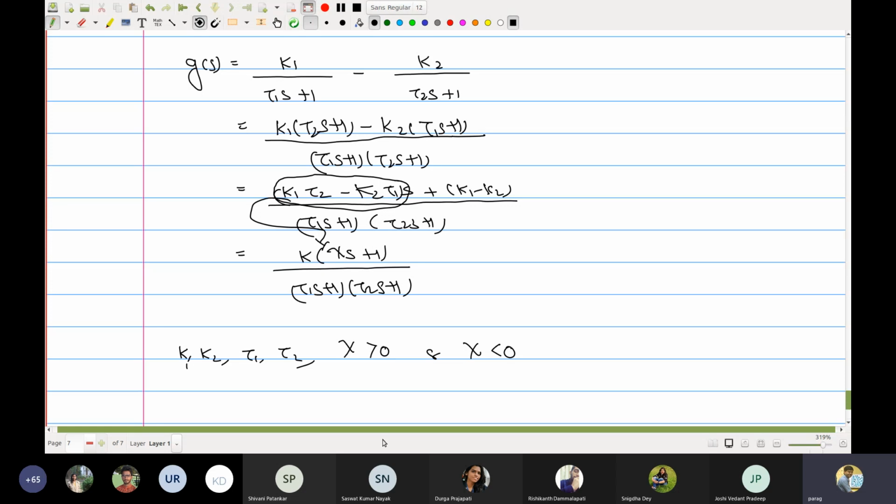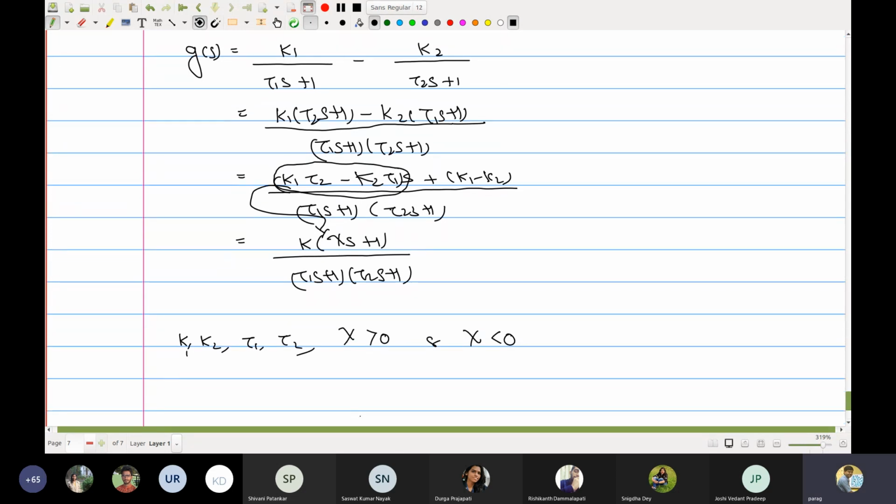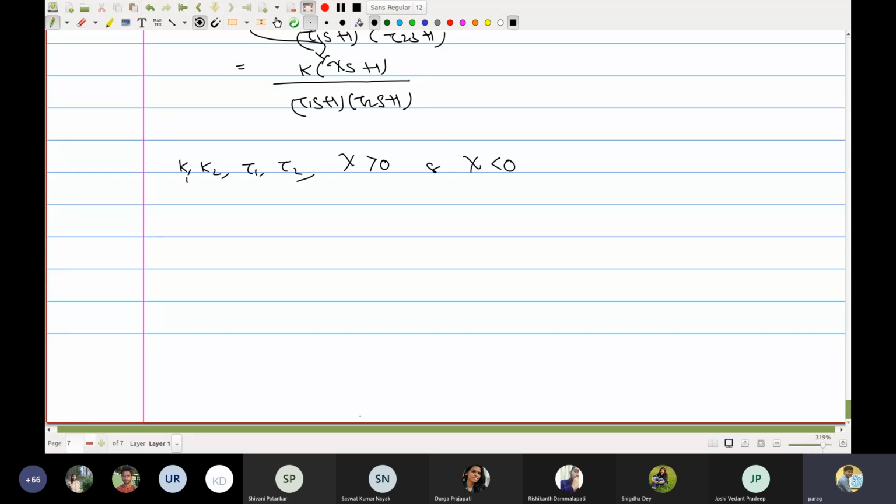As we wrote above. Okay, psi can be positive, psi can as well be negative. So let us look at a particular transfer function G(s), which is K times minus eta s plus 1, to signify negative psi, we have used eta, over tau 1 s plus 1 times tau 2 s plus 1. Fine.